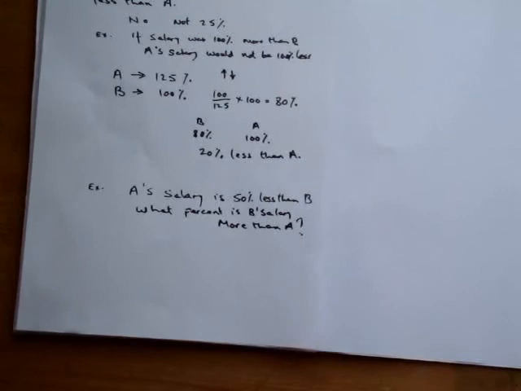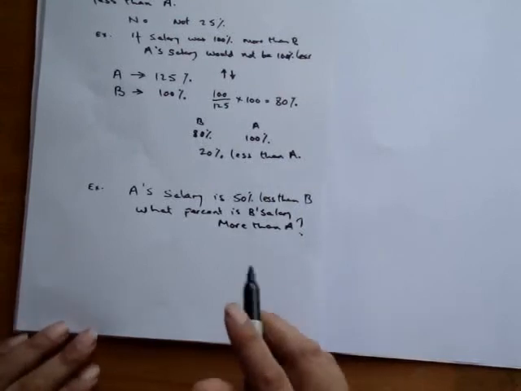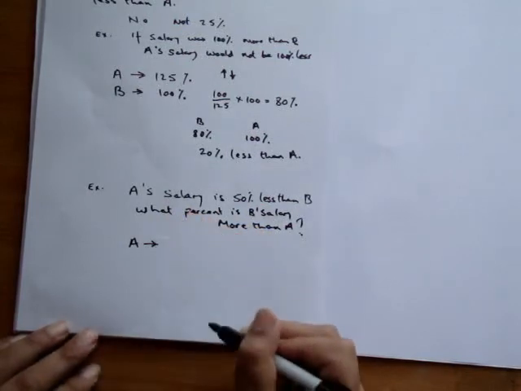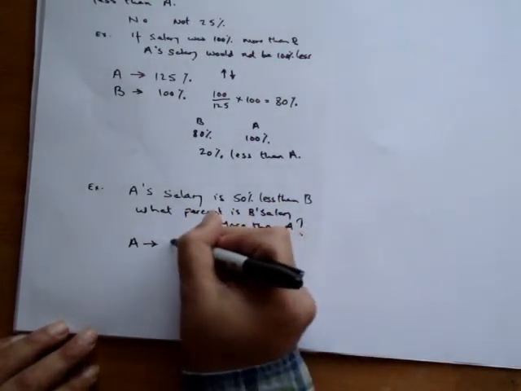Okay, let's write this out again. A is 50% less, so A is 50%.